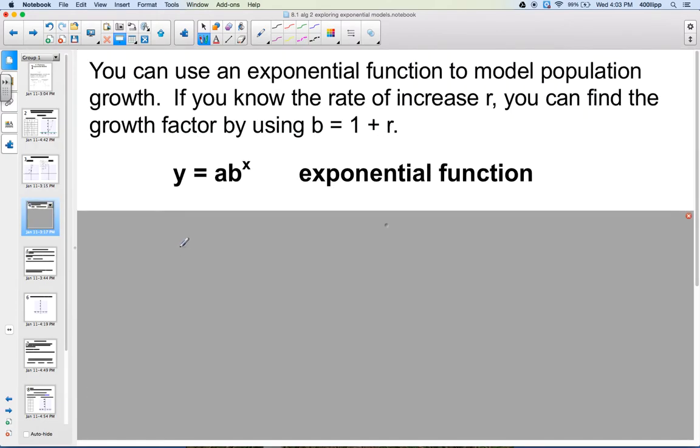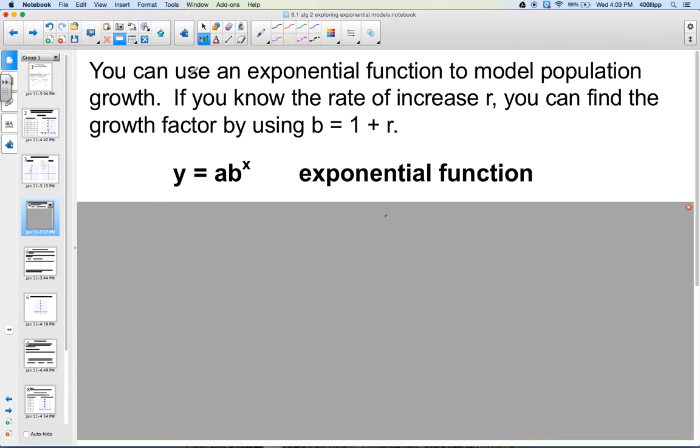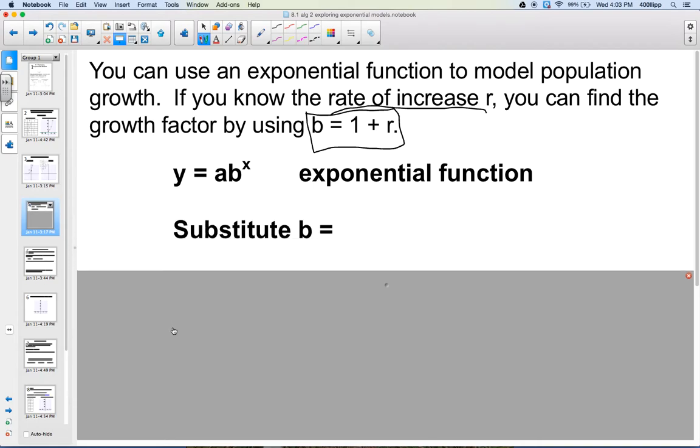if we are looking at population growth, and we're looking at the rate of increase or decrease, r. In order to find what that is, we're going to use this simple formula, which is b is equal to 1 plus r. So we can say that our growth or decay factor will be b.